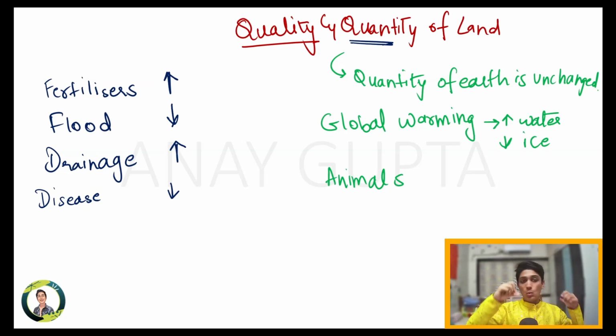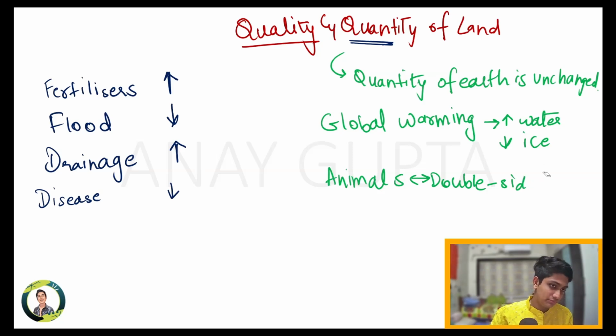So what you have to do is identify which side you have more points to write to. Points like animals are actually double-sided, which means that you can say that the quantity of animals is increasing as well as decreasing.